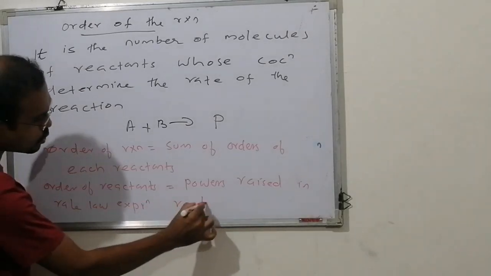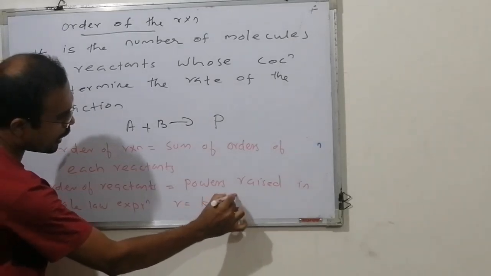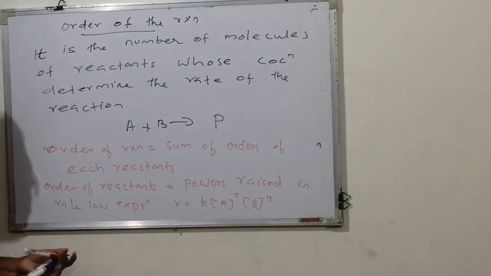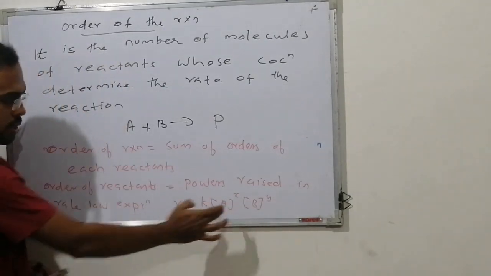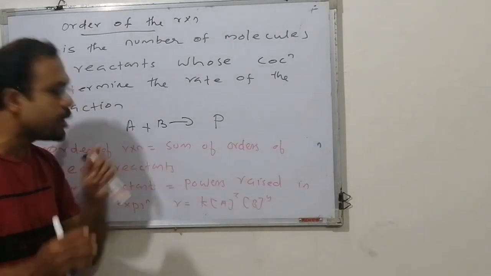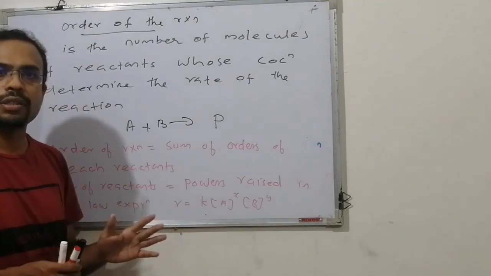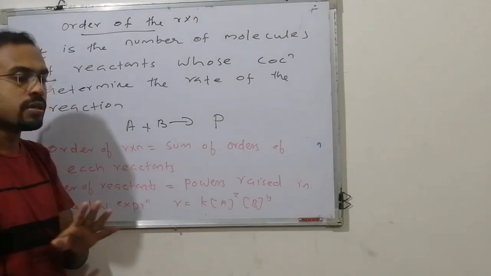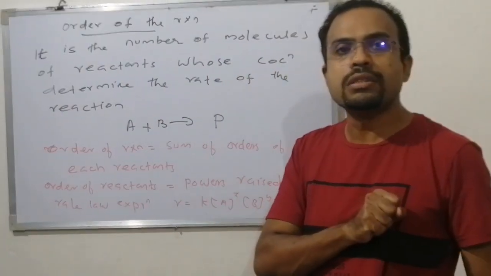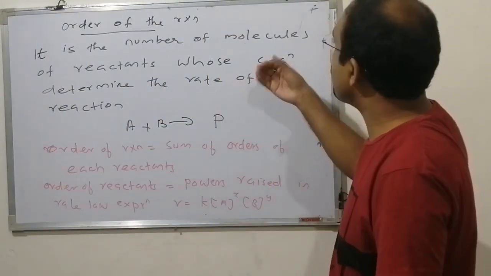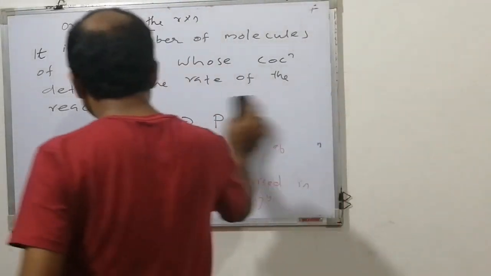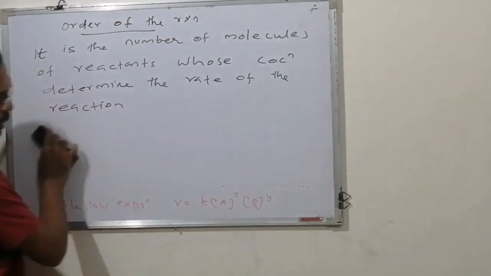That is, R is equal to K into A raised to x, B raised to y. It is the powers raised above each reactant in a rate law expression, and their sum is the order of reaction. But that is mathematics. Really, the order of the reaction is the number of molecules of reactants whose concentration determine the rate of the reaction. Now there is another word, molecularity.